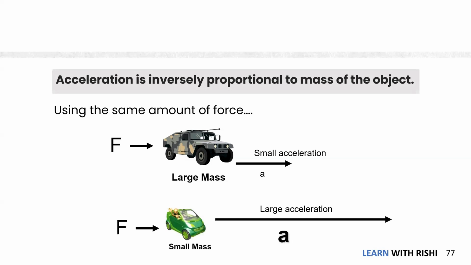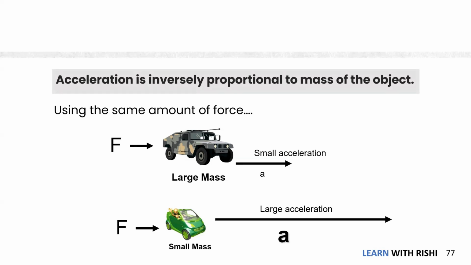In the second case, you can see the mass of the vehicle. In the first case, the mass of the vehicle is large. In the second case, the mass of the vehicle is small. But the force I'm applying is the same for both the vehicles. So in the first case, the mass is large, so there will be small acceleration.